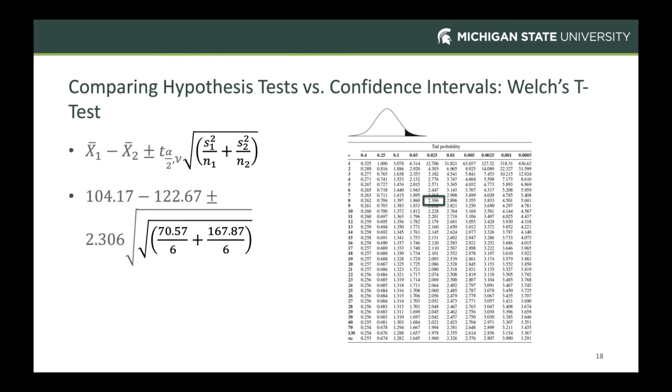In the case of Welch's test, we would need to calculate our corresponding degrees of freedom in order to determine that 2.306. So we'd have just the 8 degrees of freedom given our differences in the sample sizes here. And in this context, our confidence interval would range from negative 33.04 to negative 3.96.